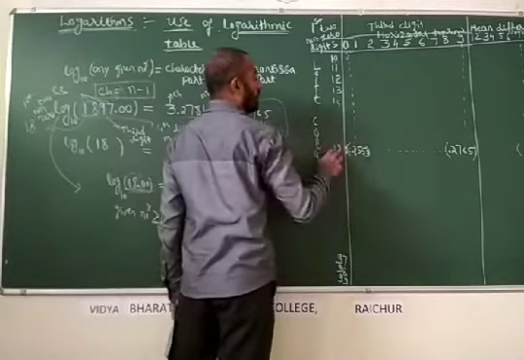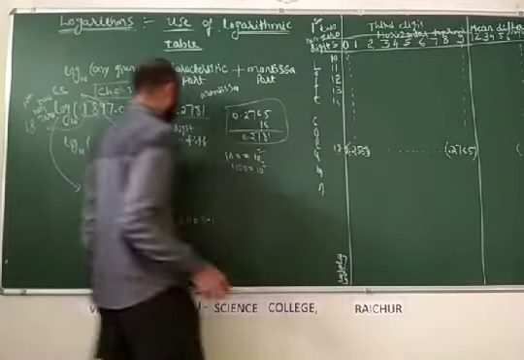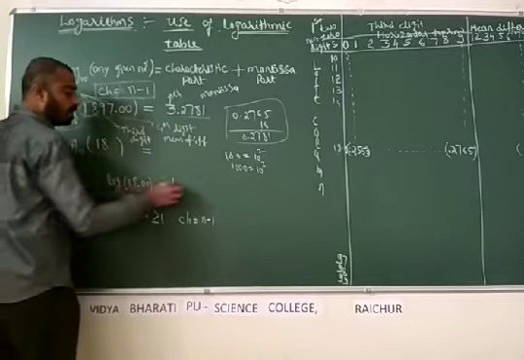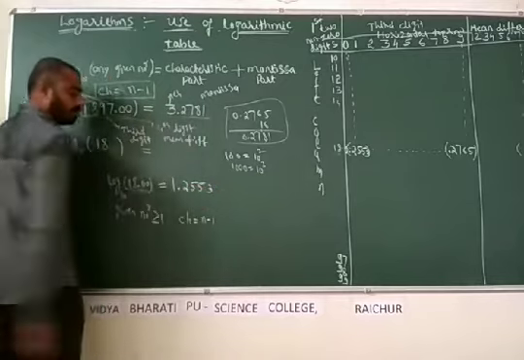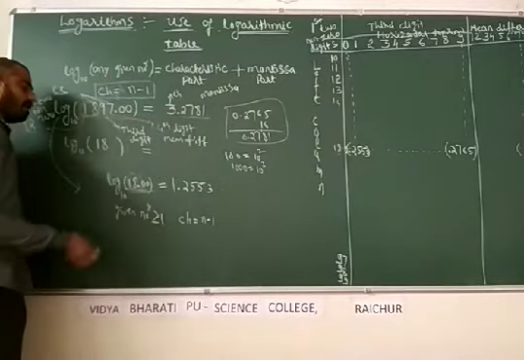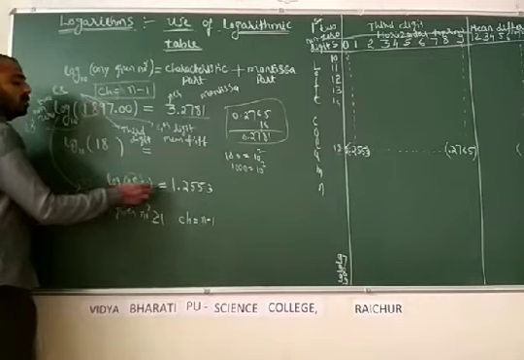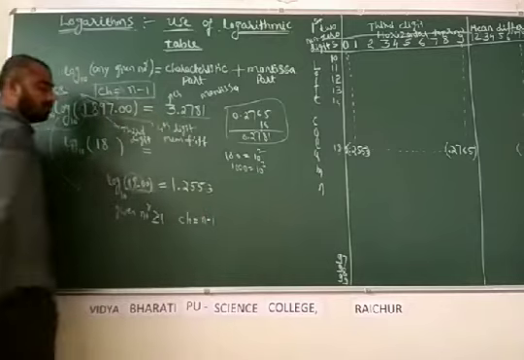18 under 0 is 0.2553. It means its characteristic is 1 and mantissa is 0.2553. Overall, the logarithmic value of 18.00 is 1.2553.